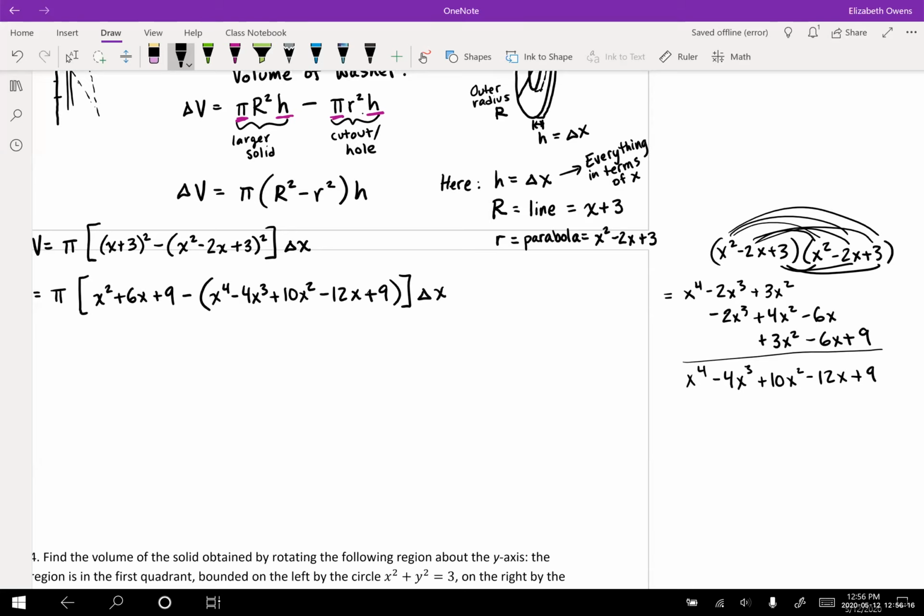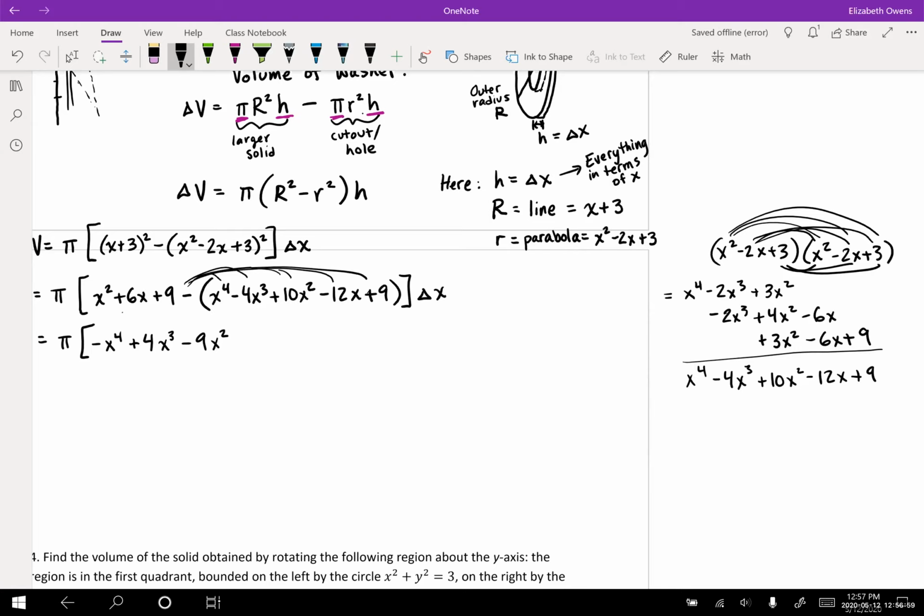Then you would distribute that negative and combine whatever like terms you have. I'm going to go by powers of x here. Our largest one is x to the fourth, so we would have negative x to the fourth. For x cubes, we would have plus 4 of those. I'm distributing the negative as I go. X squareds, we have 1 over here, and then we're going to subtract 10 more, so that'd be negative 9x squared.